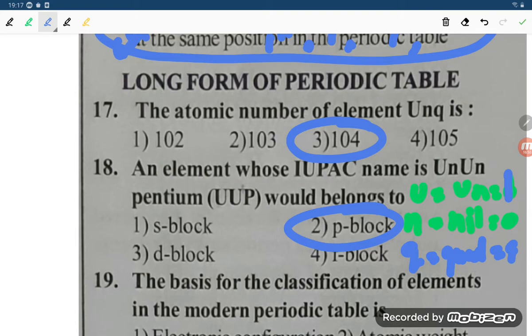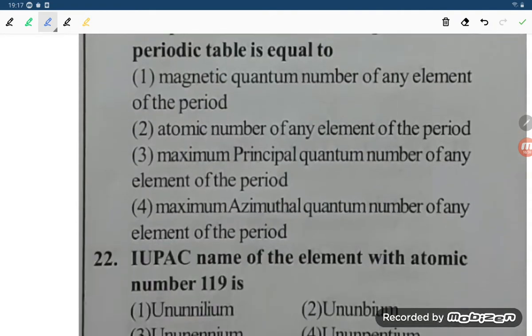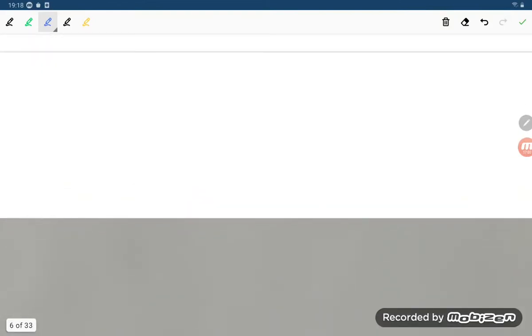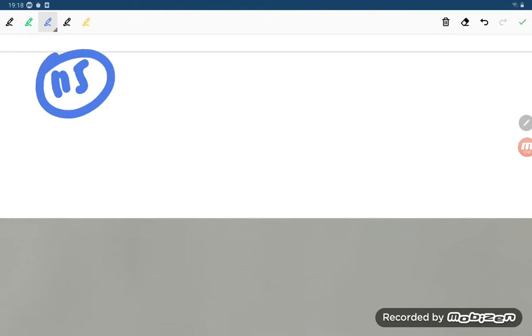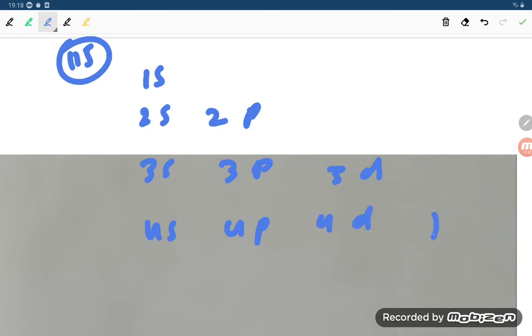How is this so? For 115, I am taking a little time, so you need to go into detail. How can you do this problem? I am going with 1s, then 2s, 2p, then 3s, 3p and 3d. Then 4s, 4p, 4d and 4f.